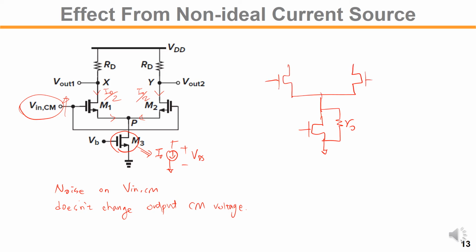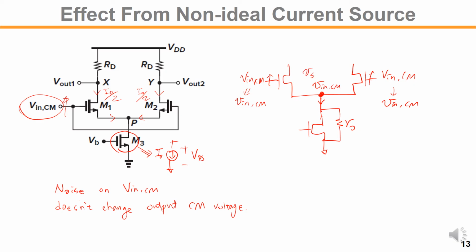For input common mode variation, if you have a different common mode variation, you will see the similar voltage variation of V_in,CM in AC small signal variation. So here, small variation in V_in,CM, here you will see the same V_in,CM variation, right?